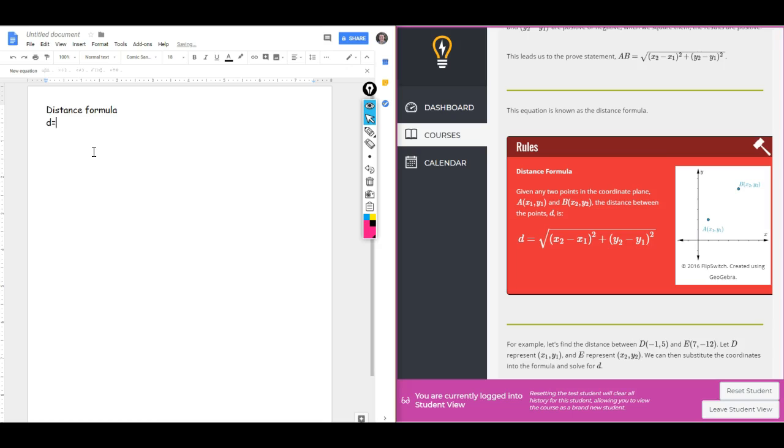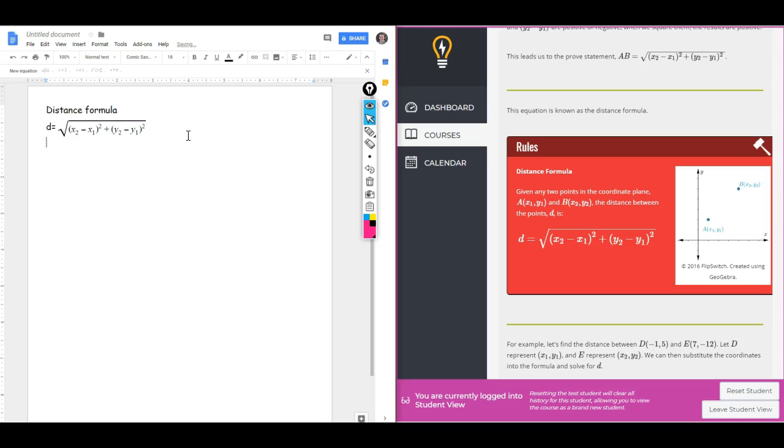The distance is equal to our square root of x sub 2 minus our x sub 1, and that is being squared, plus the y sub 2 minus y sub 1 being squared. Ta-da! What does this mean?